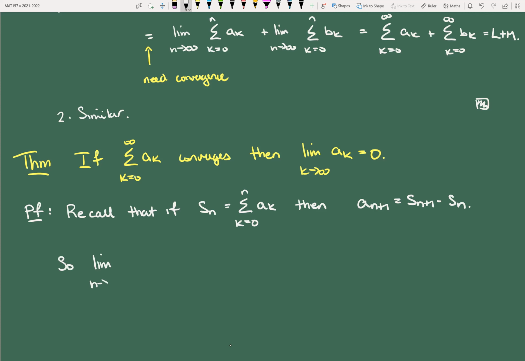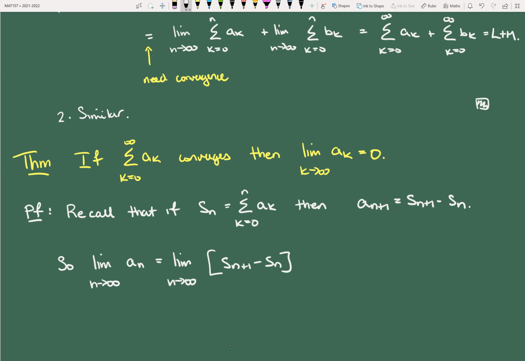So the limit as n goes to infinity, and this is going to probably feel a little bit shady to you. But basically what I'm doing is I'm thinking of these as now being two different sequences. Even though they're very similar and very strongly related, S(n+1) is the sequence Sn, but I've just shifted everything up 1.